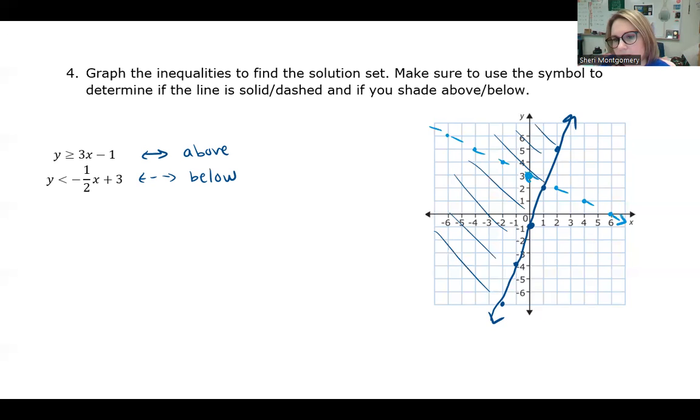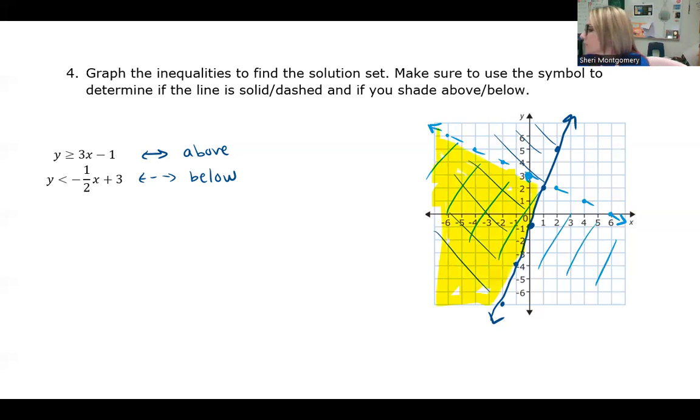I still need arrows, even though it's a dashed line. This one shades below. And again, you can kind of visually put your little arms out. I'm going to shade below. And then this one tilts so that you can kind of visually see where that one is going to shade. And then, so the overlapping shaded region is where all of the answers are. That is my solution. It's this over here.